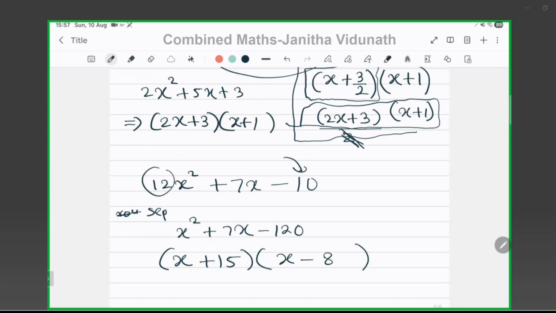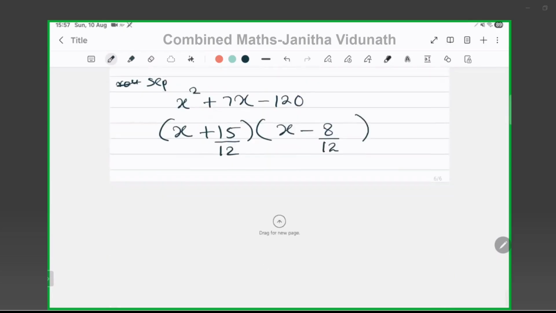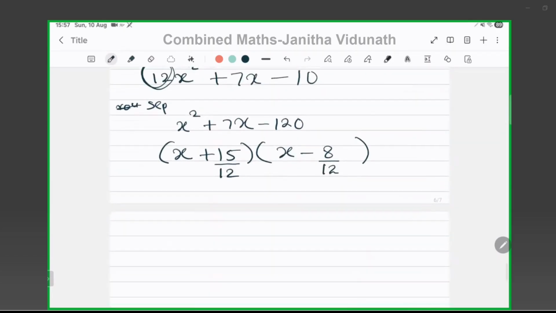Then we divide each constant term by the coefficient of the square. Then we need to simplify this fraction. Here we can divide both the denominator and numerator by 3.